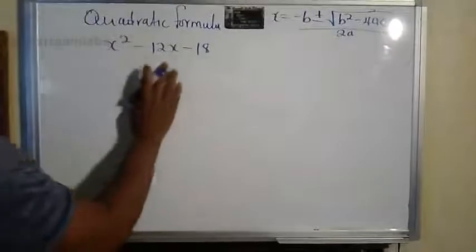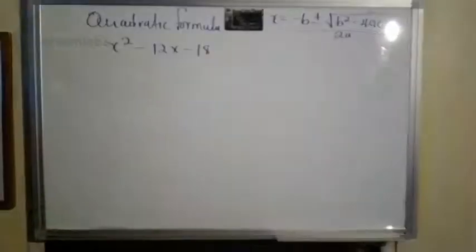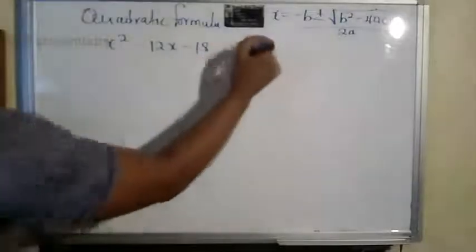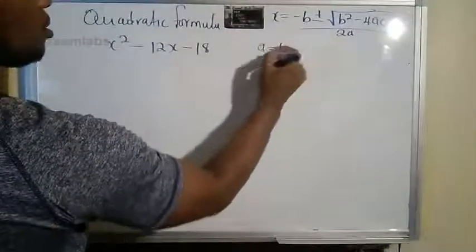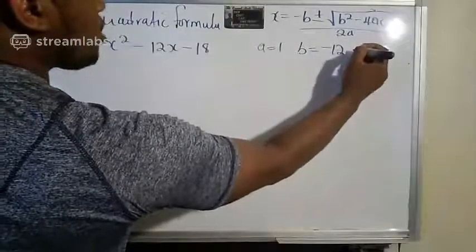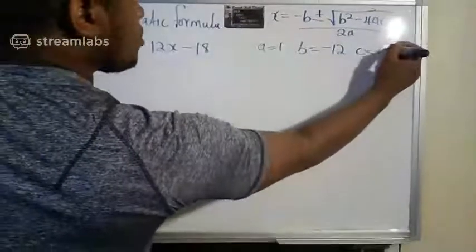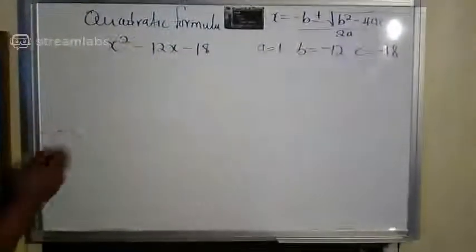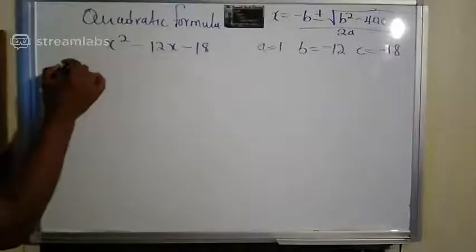But before we do that, I'm going to put in the values. Remember, the coefficient is the number in front. So A equals 1, B is negative 12. Remember the sign. And then C is negative 18. So now we are going to substitute each one of them. So rewrite the formula.